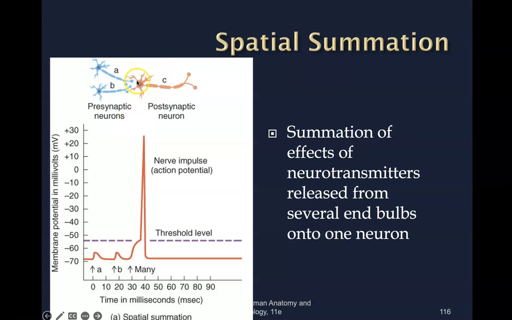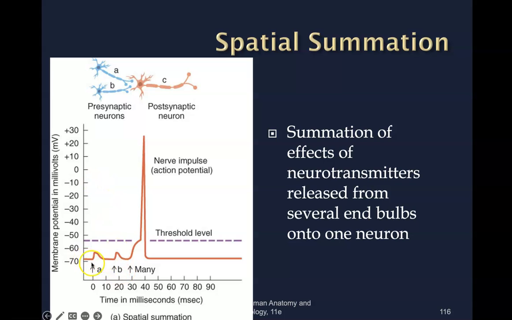Okay, so it's spatial because there are many of these different neurons. And so how many of these neurons are excitatory and how many of them are inhibitory that are spatially contacting this postsynaptic neuron is going to make a difference on whether or not you can meet threshold, right? And which of those ones are actually active as well.